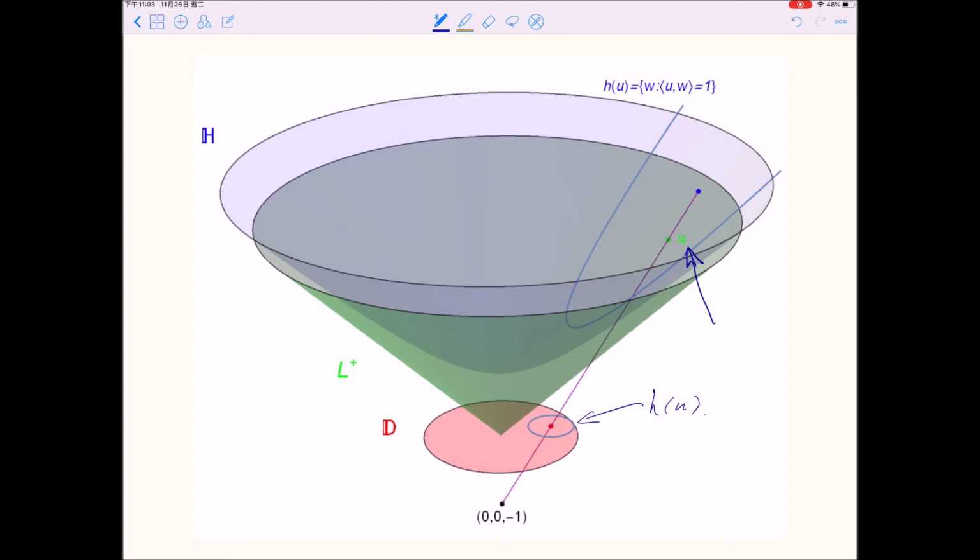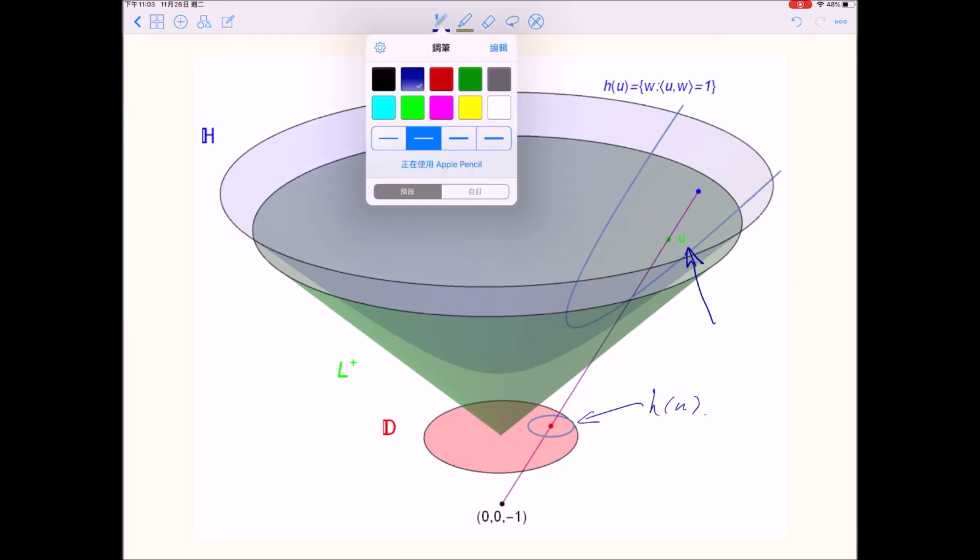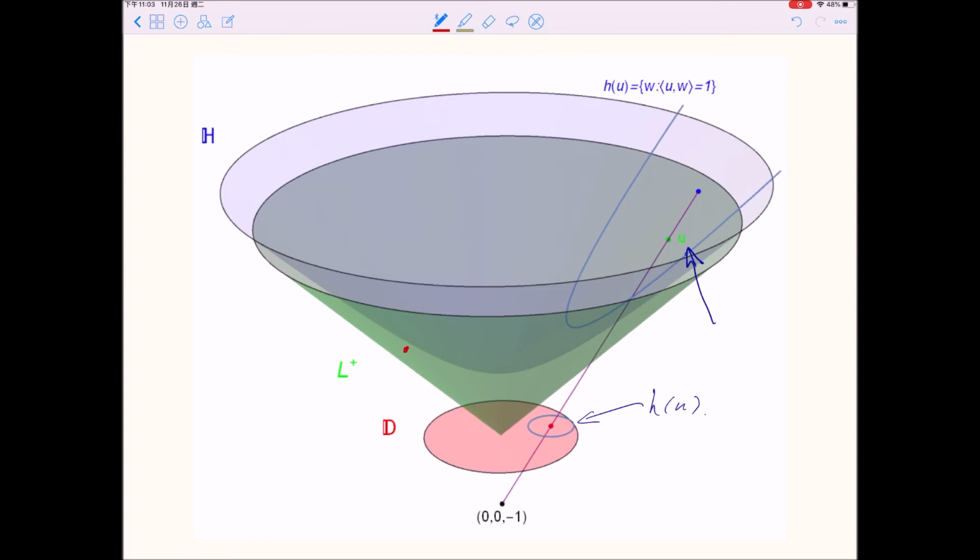So H_u corresponds to this circle here, and let's say I have another point v, and then another horocycle, and it projects to this horocycle. Then we talk about the length between the two horocycles.